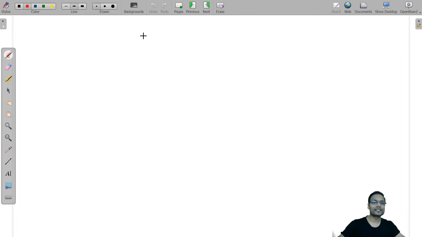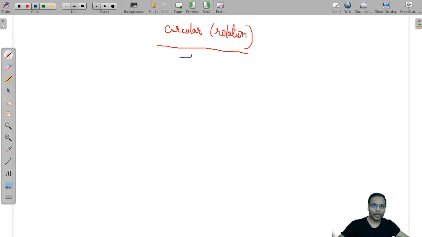Let's go further. The second one is circular shift. Circular shift is also known as rotation. There are two types here also, left and right.